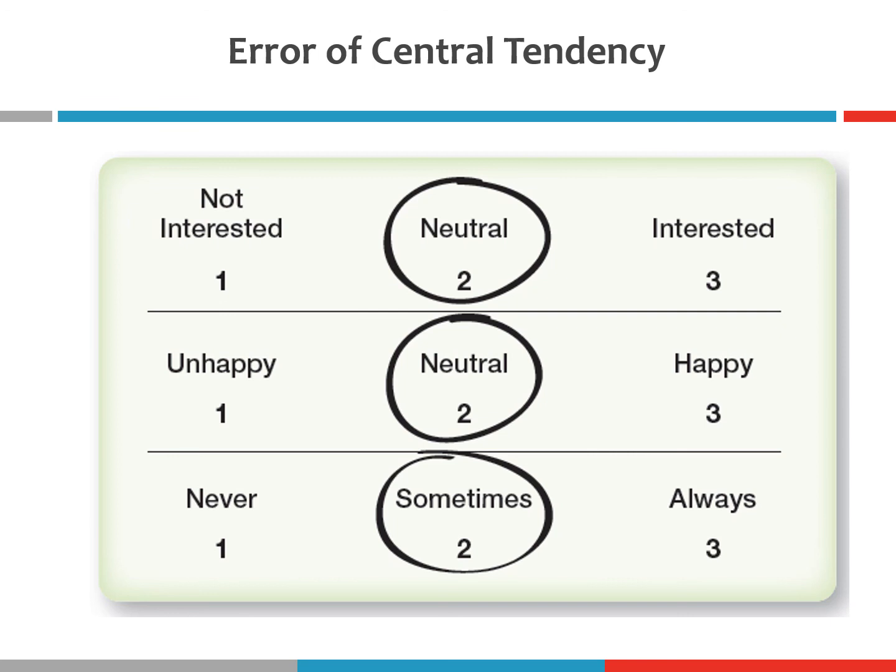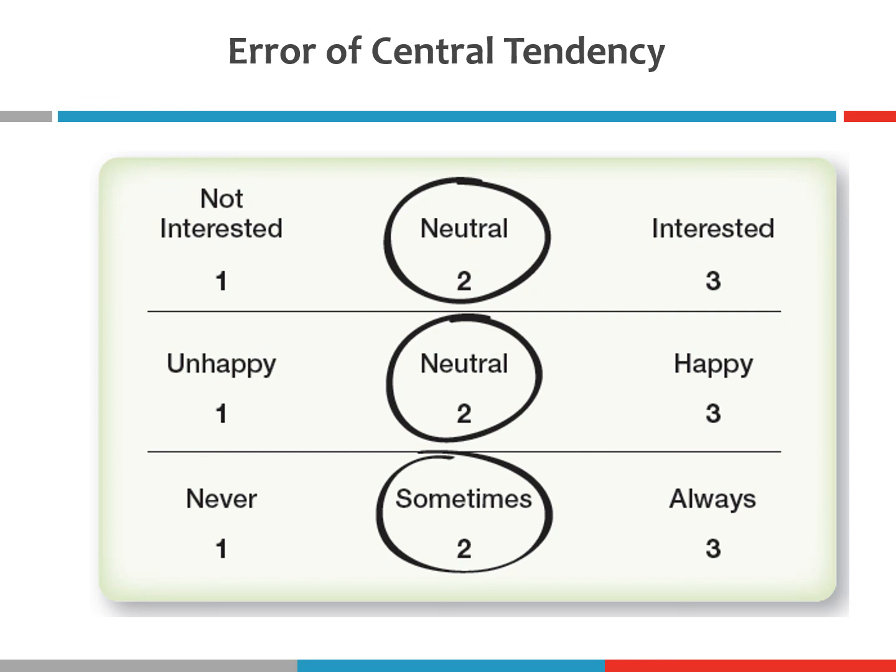So they tend to respond somewhere in the middle rather than choosing the extreme responses at either end of the scale. Likert scales are particularly likely to invoke this tendency. So a plain Likert scale might encourage our respondents to go in the middle rather than choosing the most extreme options. So what are some ways that we can prevent our respondents from automatically going to the centermost option?